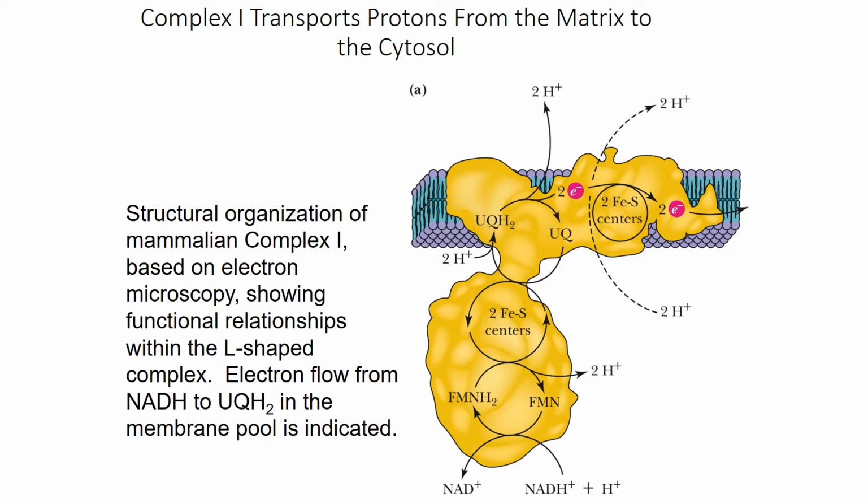Think of it this way: ubiquinone, no electrons; ubiquinol, all electrons. So it is fully reduced. Then finally, there is the transport of hydrogen ions into the cytosolic side of that inner membrane.